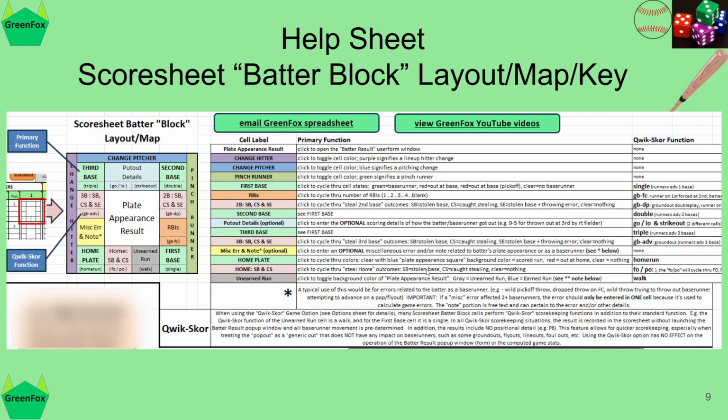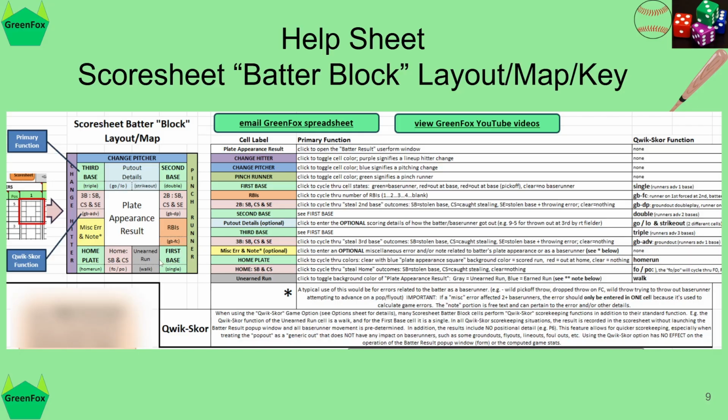And this is an example of the help sheet within GreenFox that shows that same score sheet batter block layout, or you can think of it as a map. It gives a thorough description of what these cells are for when you click in them, and how to use them.